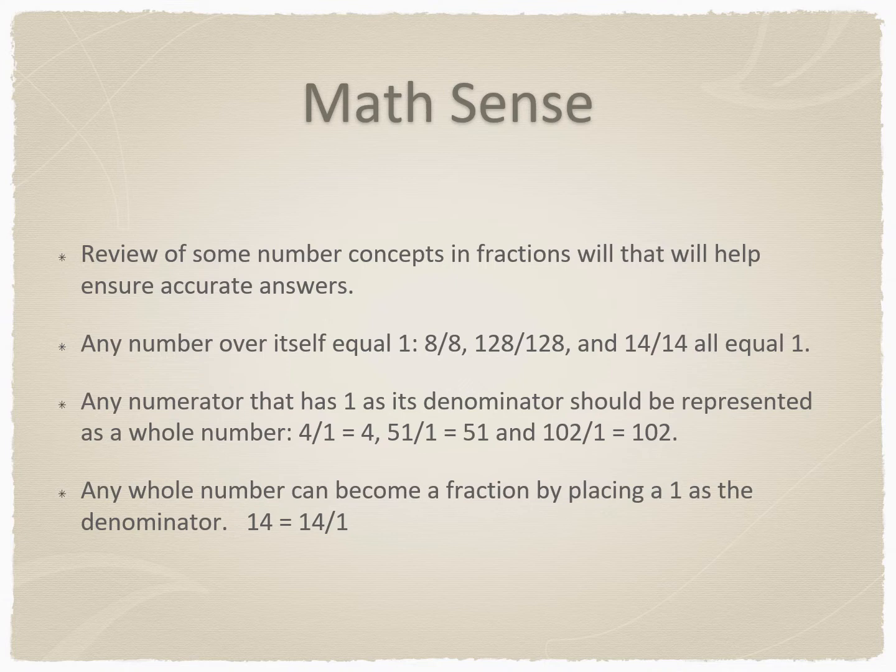Okay, so in the examples shown, any number over itself is equal to 1. And any numerator that has 1 as its denominator is just the same as the whole number. So as you can see, 4 over 1 is 4, 51 over 1 is the same as 51, and so on.